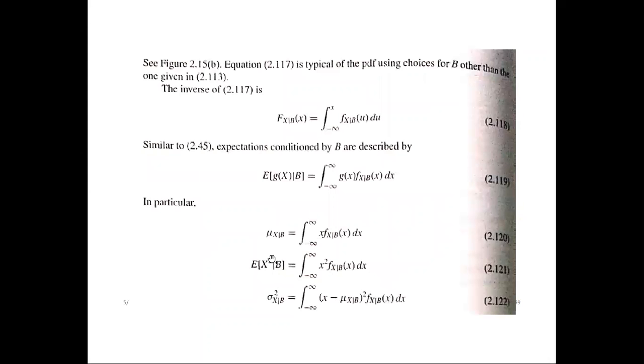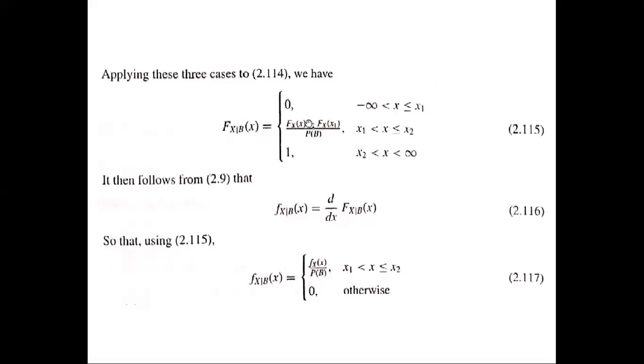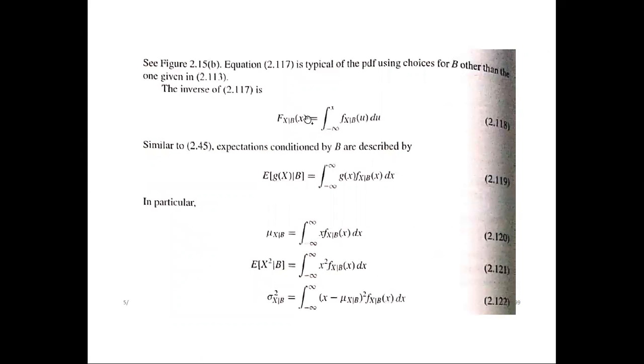So that's what is written over here. The conditioned CDF will be equal to the integration of the conditioned PDF, which is the inverse of whatever we have written over here, which is nothing but the conditioned PDF being the differentiation of the conditioned CDF. So this will be the formula for the inverse.